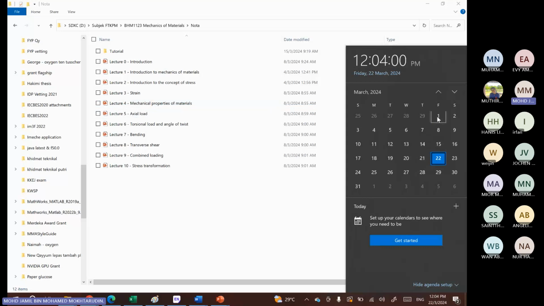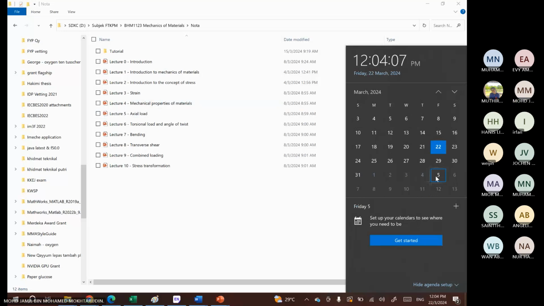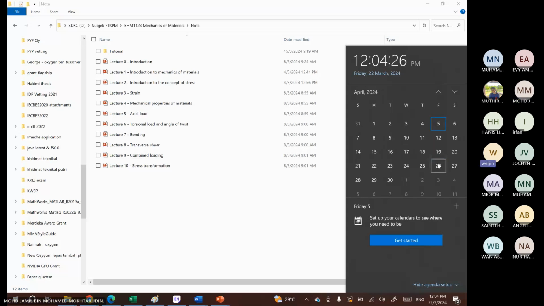Last week we agreed to have the test in week 5 on 5th of April. So two tests, one on 5th of April, then one on the 25th, after the break. I plan test 1 on axial load, test 2 on torsional load.